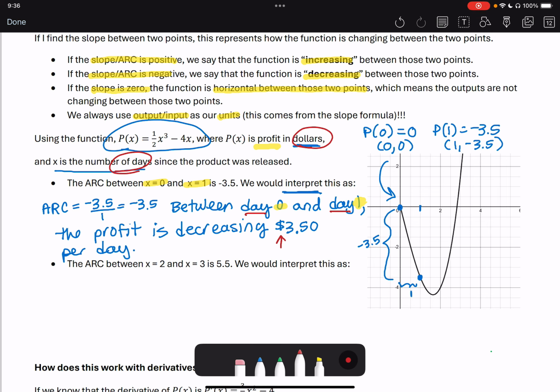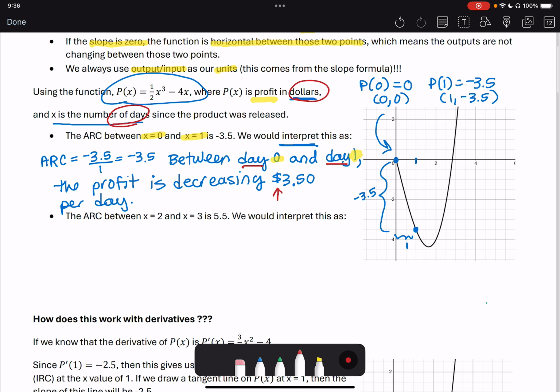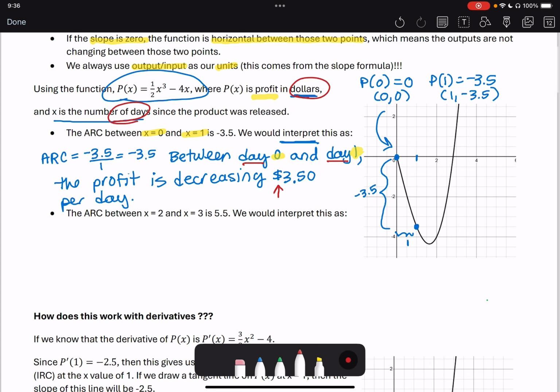And then when you do a slope calculation, I want you to always remember that a slope is always a rise over a run, and that goes back to when you probably first learned about slope. Now, rise always comes from the change in your output values, and your run comes from the change in your x values or your input values. So that triangle means change. So this is change in output over change in input.